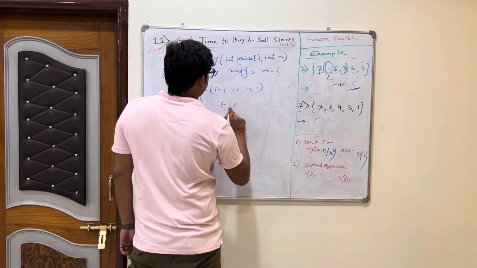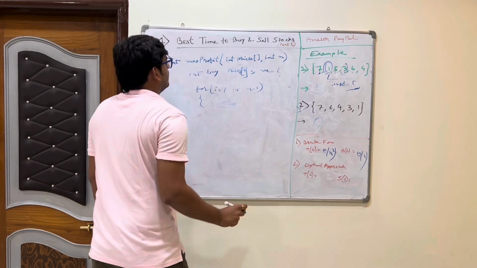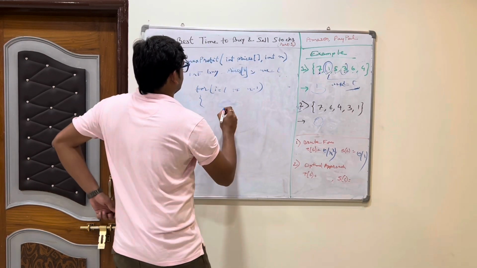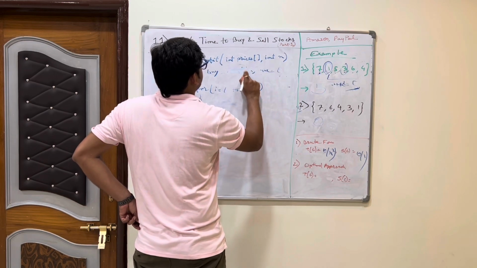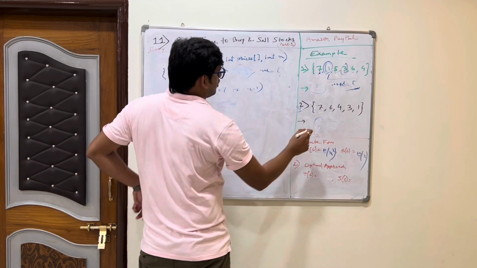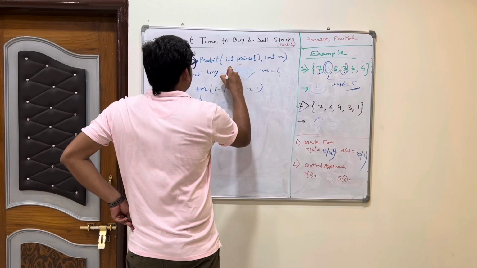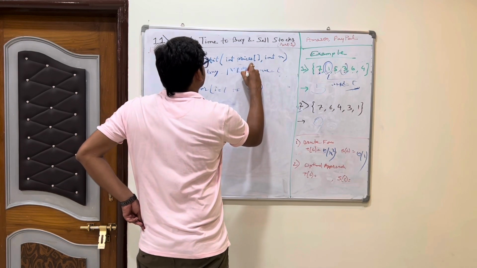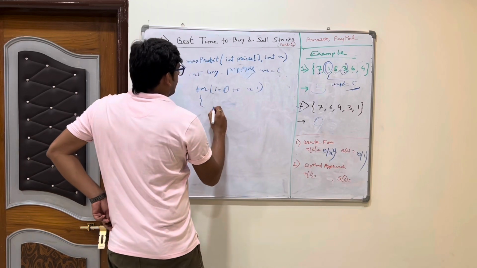First we can take out the difference, or we can start with this also, because we are including this 0 thing, right? So no issue. If we are buying and selling on the same day, then it will be 0 only, so no issue. Let it be int max, and then i equal to 0 to n minus 1.